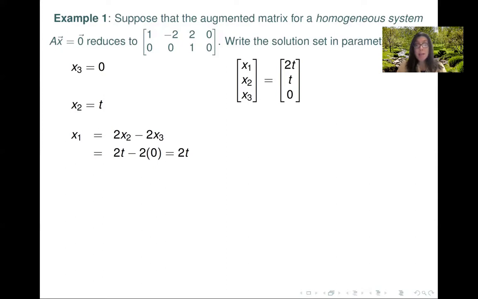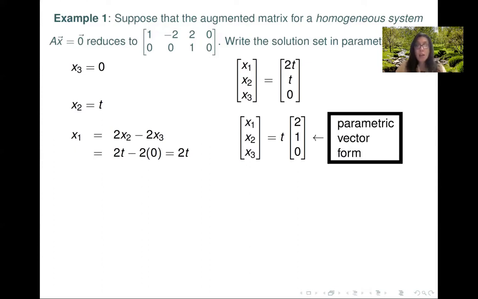A way of making this simpler to interpret geometrically is to factor that t out. If I factor the t out, I've written the same solution: x1, x2, x3 is t times the vector 2, 1, 0. But now it seems obvious that x1, x2, x3 are all of the multiples of 2, 1, 0. So our solution set is the line that's spanned by the vector 2, 1, 0.